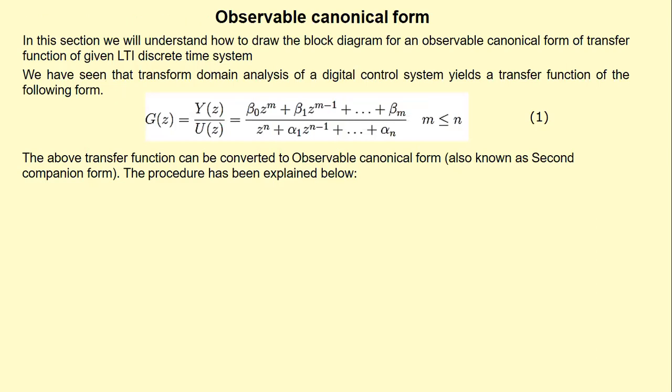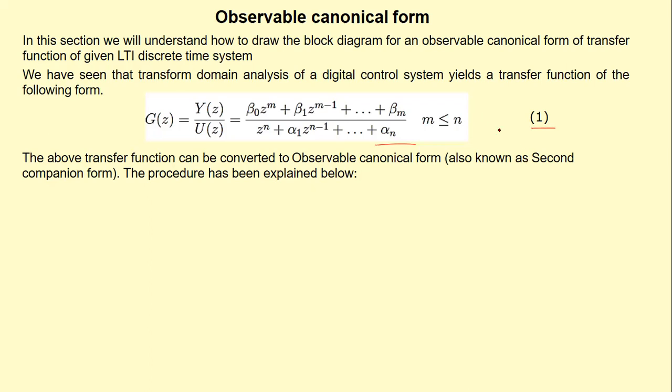So any given linear time invariant discrete time system can be represented through the transfer function as given by this equation number 1. Now we can convert this into an equivalent state space model by using this observable canonical form technique, and it is also known as second companion.